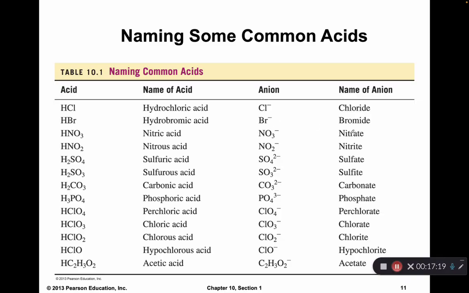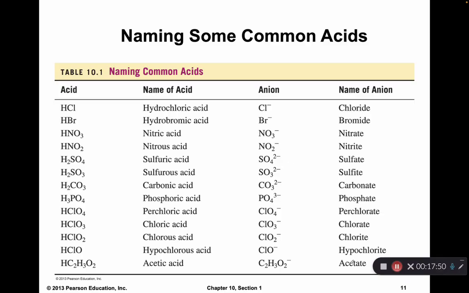If you have nitrate, sulfate, they become nitric, sulfuric acid. If you have something like sulfite, then we have sulfurous acid. If the anion is perchlorate, then the acid becomes perchloric acid, right? Similarly, you can check. First check the anion, know the name of the anion, and then go for the corresponding name of the acid.